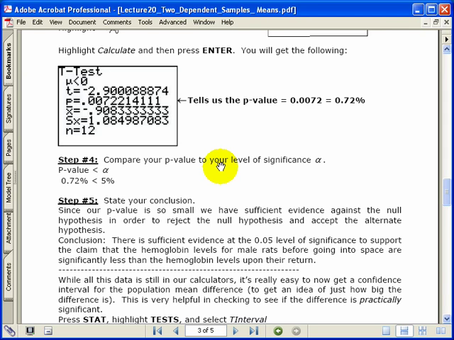So there is sufficient evidence at the 5% level of significance to support the claim that the hemoglobin levels for male rats before going into space are significantly less than the hemoglobin levels upon their return, when we analyze the population mean of all those differences.